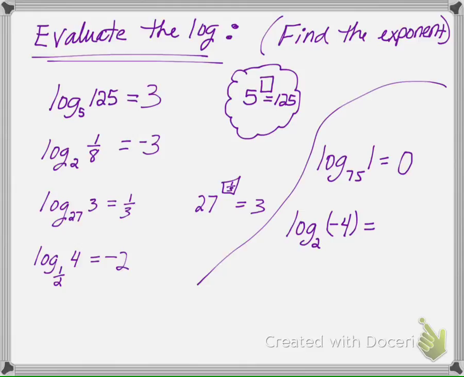What do you think? Do you think there's an answer to that? Is it possible for us ever to raise 2 to a power and get negative 4? Can we raise 2 to some power and get a negative? Lauren, you keep saying yes with all kinds of confidence.